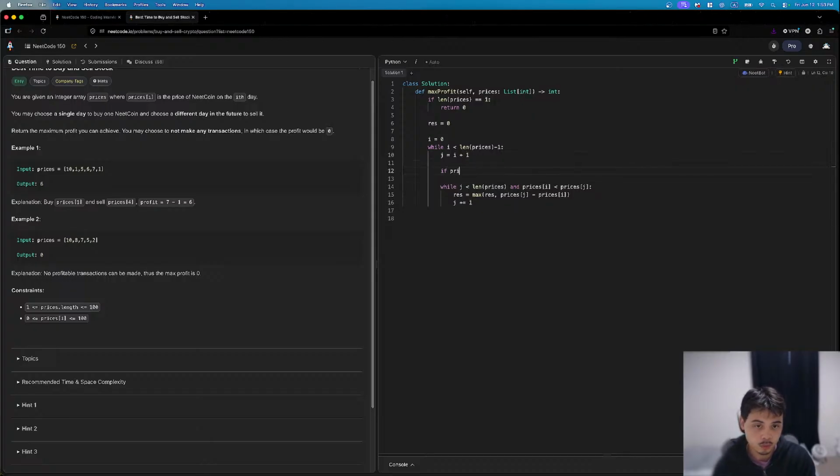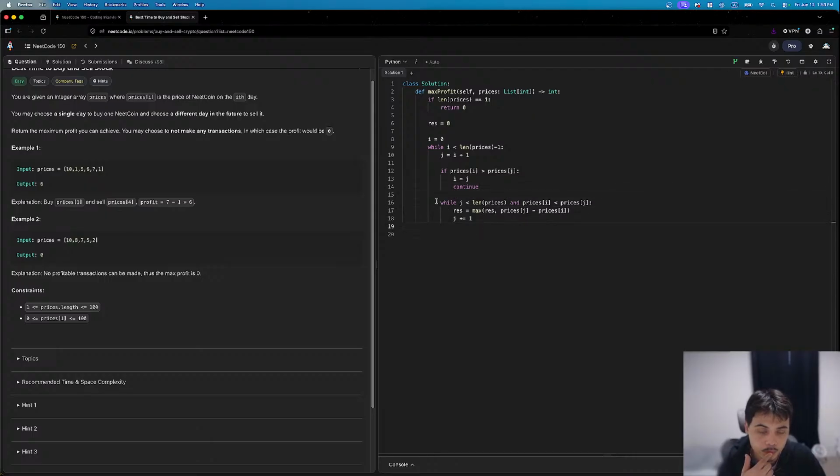If prices i is greater than prices j, i is equal to j, continue, right? Here, then we can reset i is equal to j.